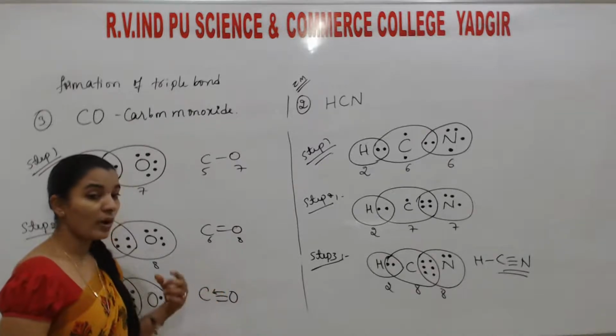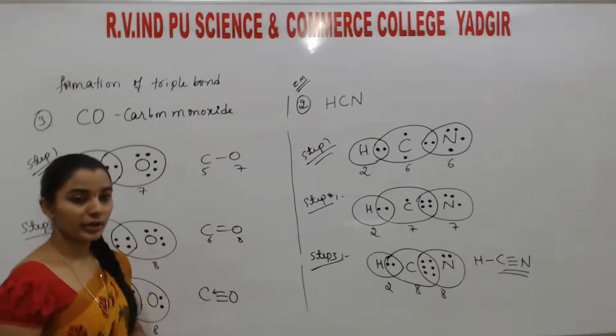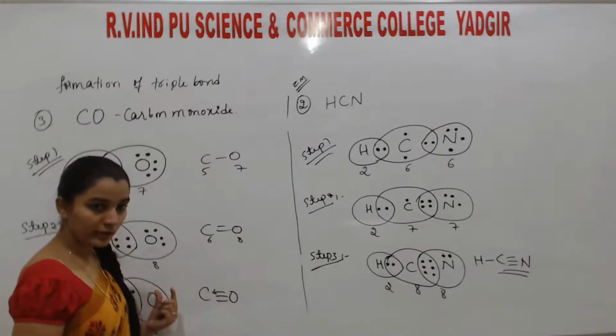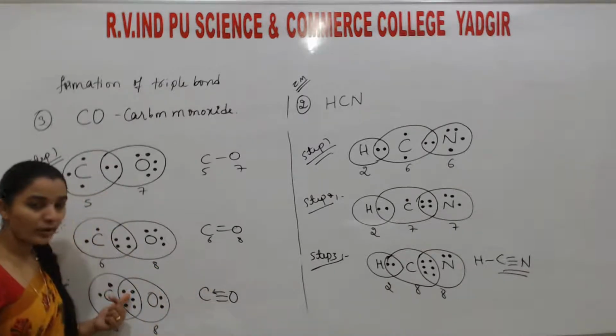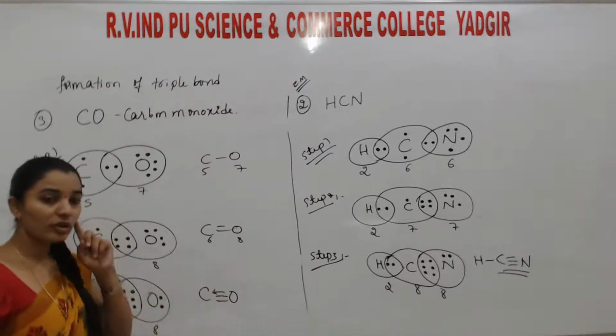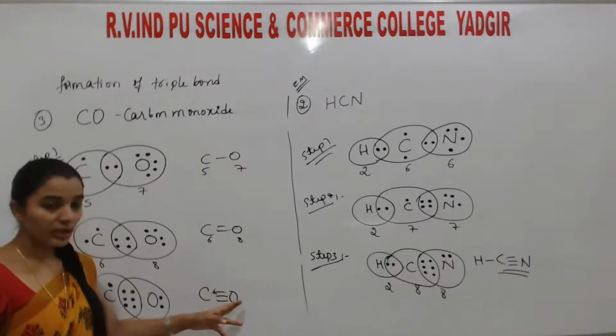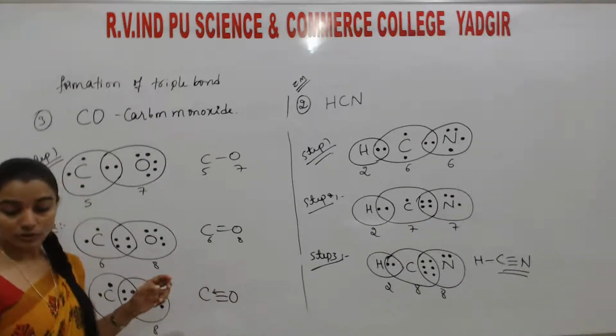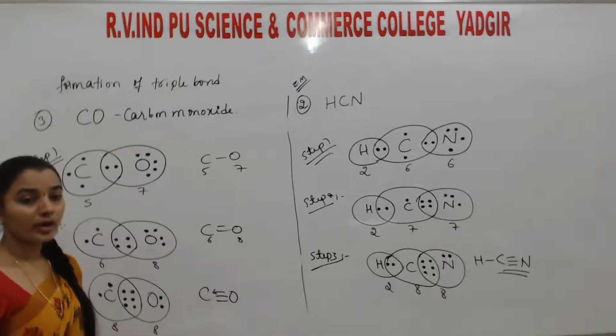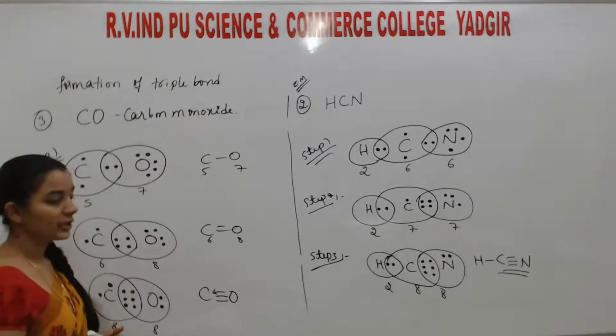So that type of bond is called a coordinate bond. Those 2 electrons in the triple bond are electrons of only 1 atom, but they are shared between 2 atoms. So this is how the carbon monoxide structure takes place.